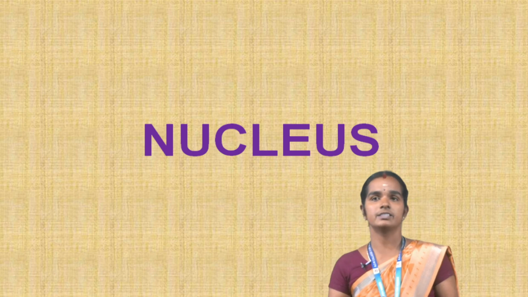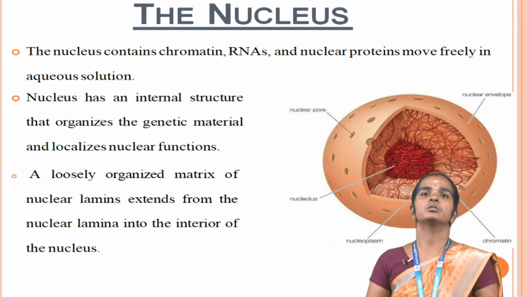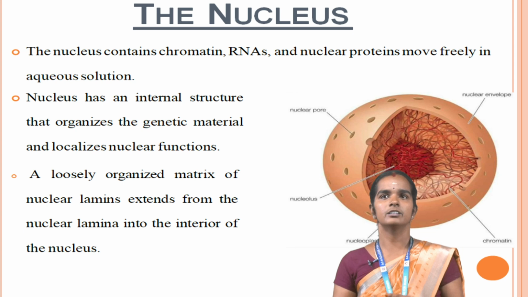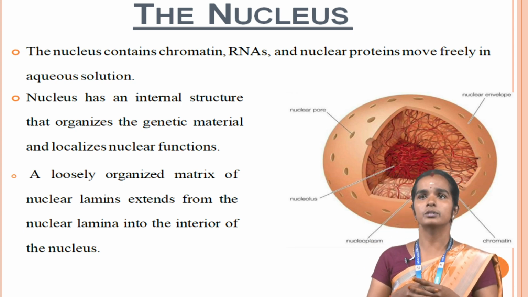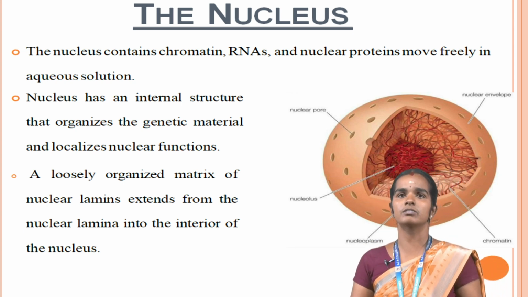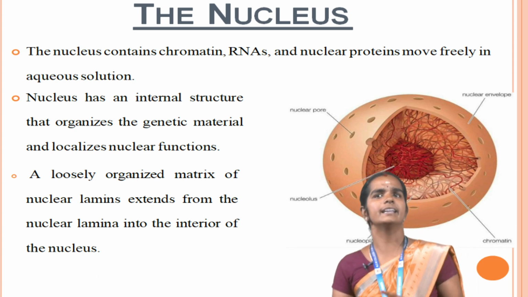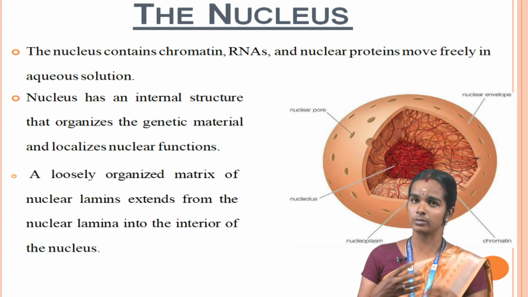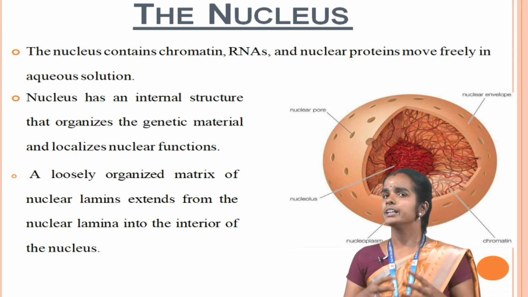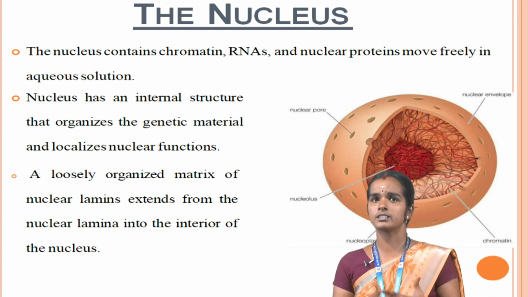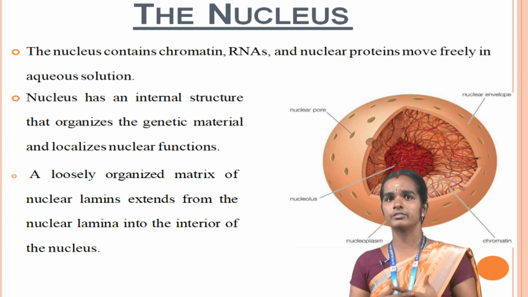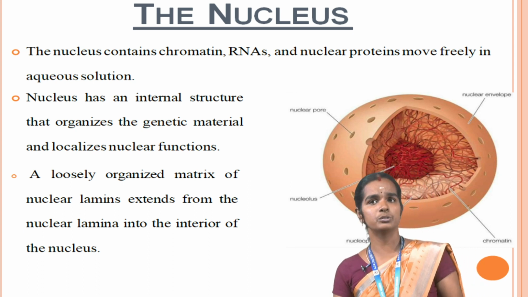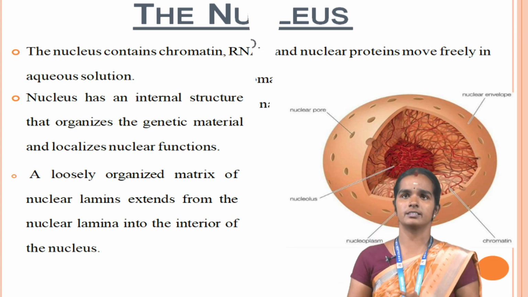Okay. Finally, we see the nucleus. The nucleus contains chromatin, RNA, and nuclear proteins that move freely in aqueous solution. The nucleus has an internal structure that organizes the genetic material and locates nuclear function. A loosely organized matrix of nuclear lamins extends from the nuclear lamina into the interior of the nucleus.